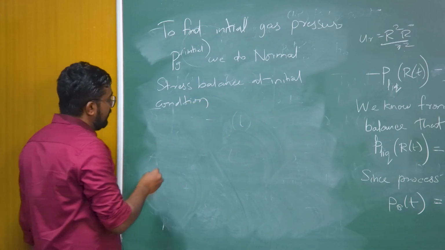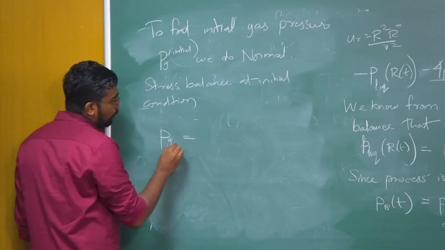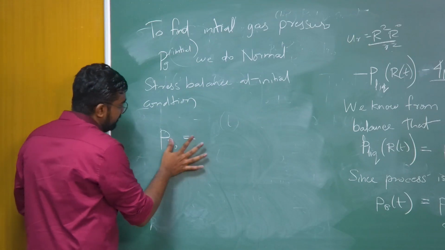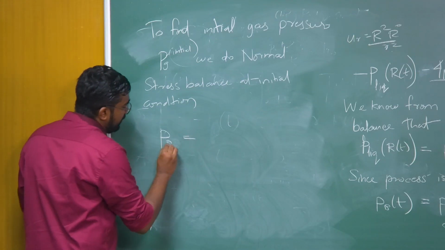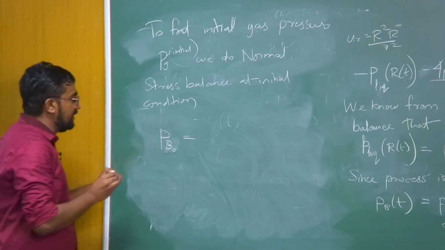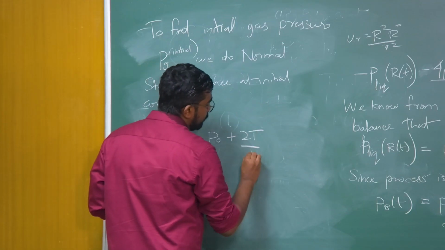Initially we know that the pressure inside the bubble, Pb0, is balanced by the pressure outside plus 2T by R0.